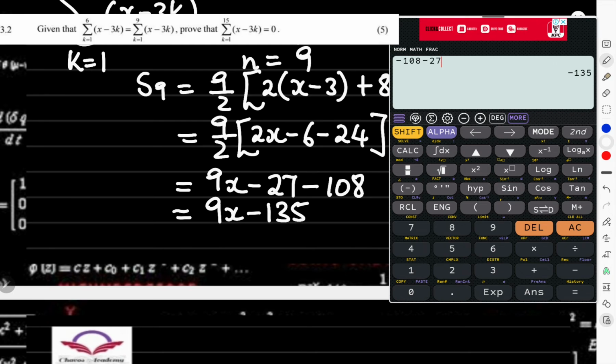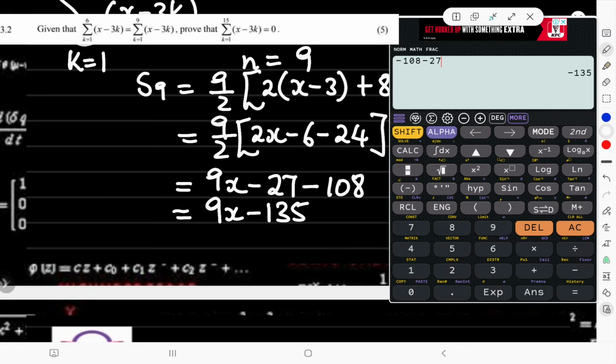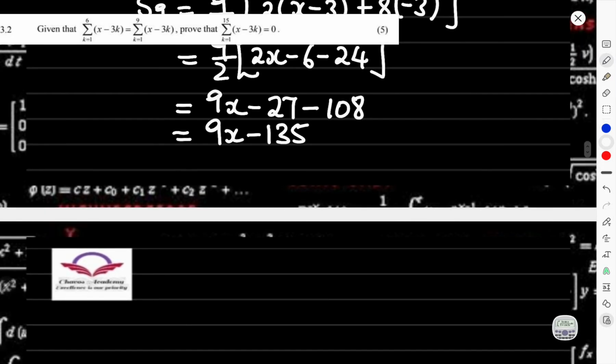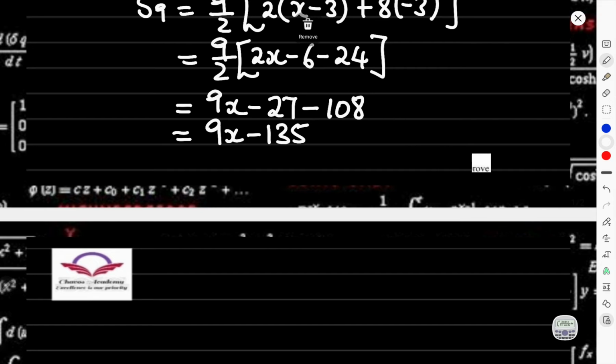When we have this, we can go and solve for x. We'll have to equate the two.